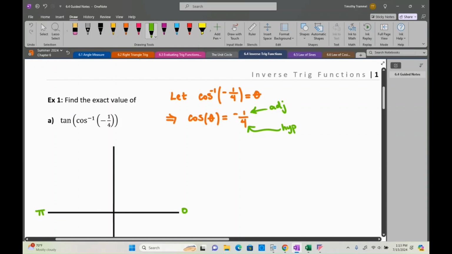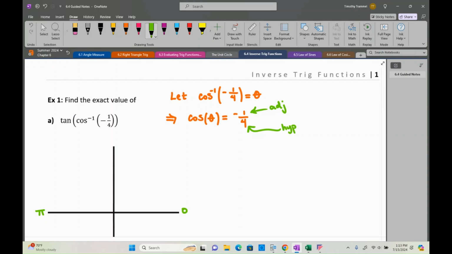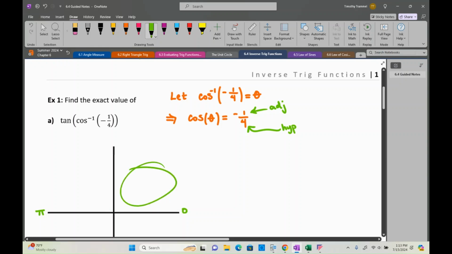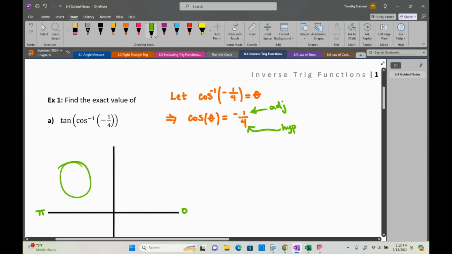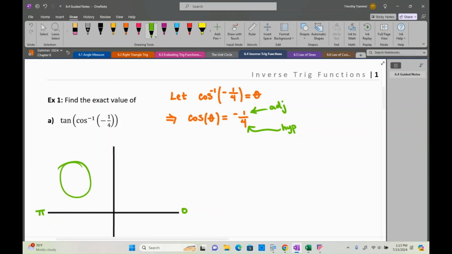If we're taking cosine inverse of something positive, that'll give us an angle over here in quadrant 1, and cosine inverse of something negative will give us an angle over here in quadrant 2. And this is simply because the x values on the unit circle in quadrant 2 are negative. So this is what we're looking for here. Some angle over here.